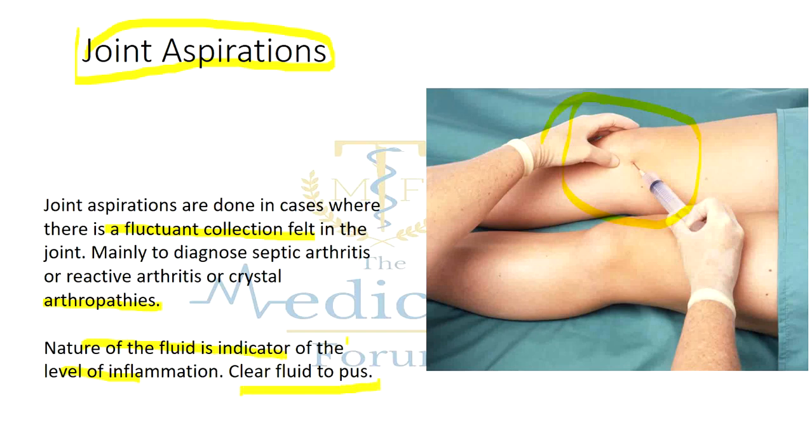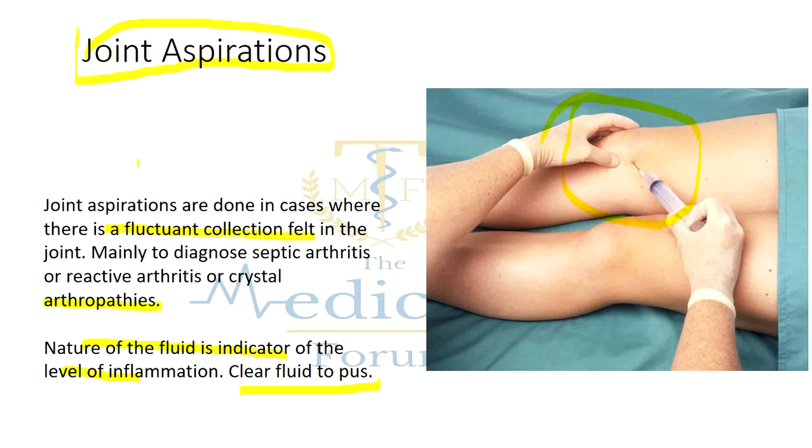Basically, the decision to perform a joint aspiration comes after looking at the clinical picture. If the patient is coming with fever, severe reduction of joint movement, and a hot, warm, swollen joint, definitely you think about septic arthritis. You definitely have to aspirate the joint and see if there is pus.